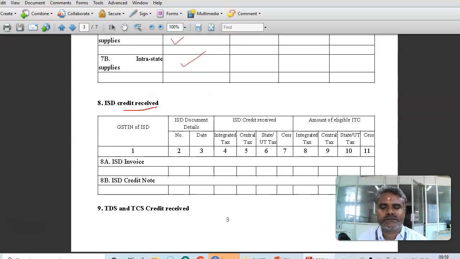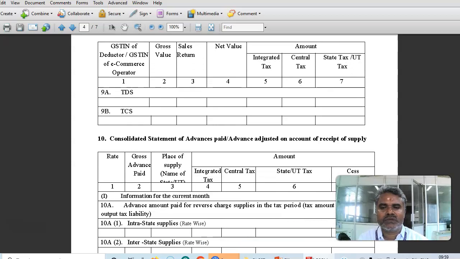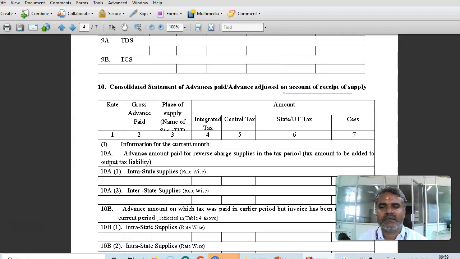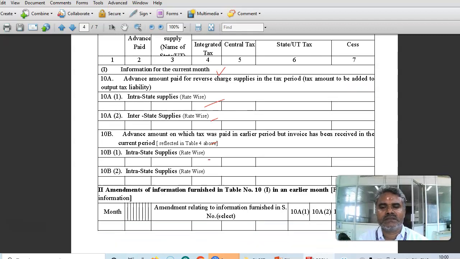Then ISD credit received. Then ISD invoice, everything. Then here you have to give a consolidated statement of advance paid and advance adjusted on account of receipt of supply. Then information for the current month, interstate, intrastate, everything rate wise.